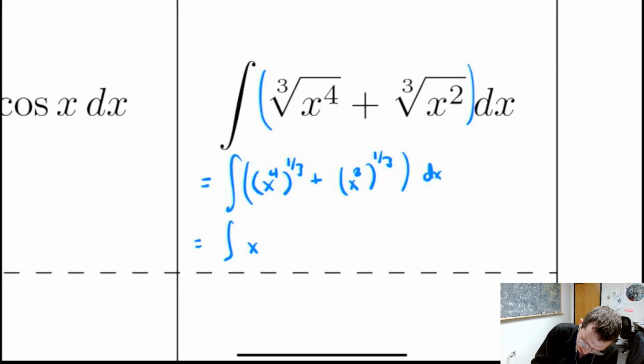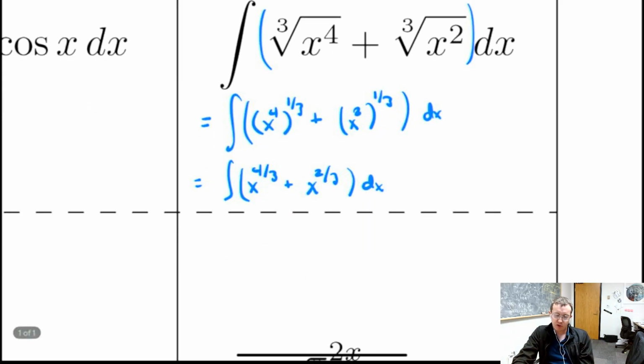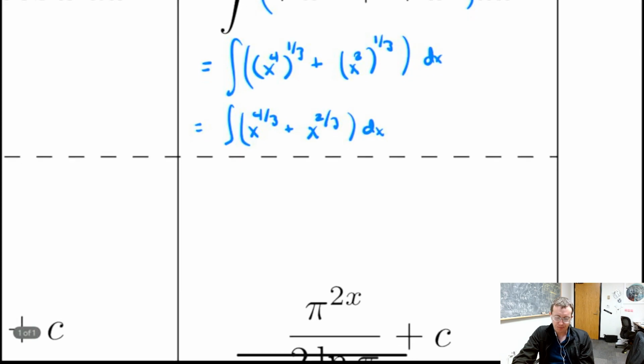And when I have something to a power, I can combine those exponents by multiplying them. So this is just x to the 4/3 plus x to the 2/3. And we can integrate this by reversing the power rule.